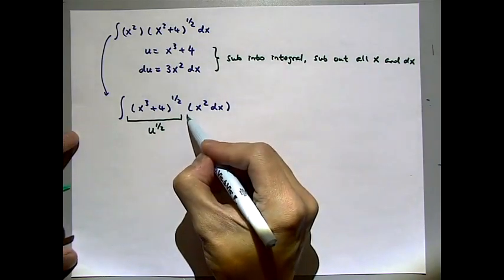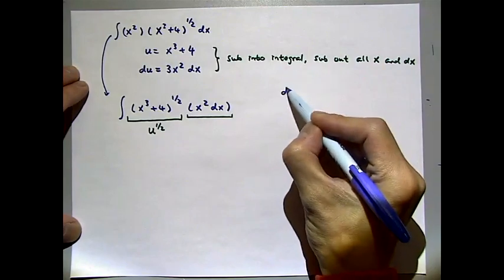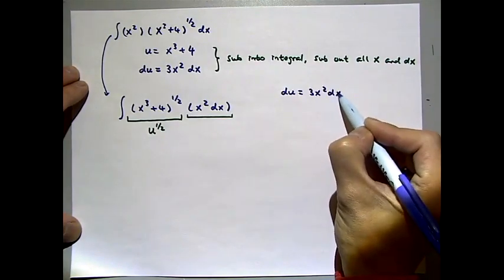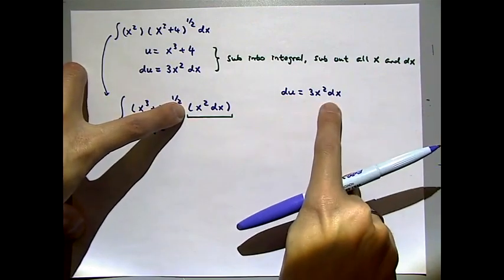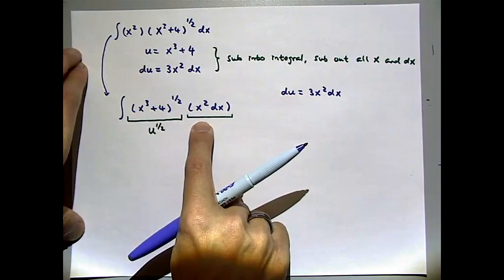Now, if you look at this part right here, whatever's remaining has to be related to du in some way. du is equal to 3x squared dx, but I only have x squared dx.